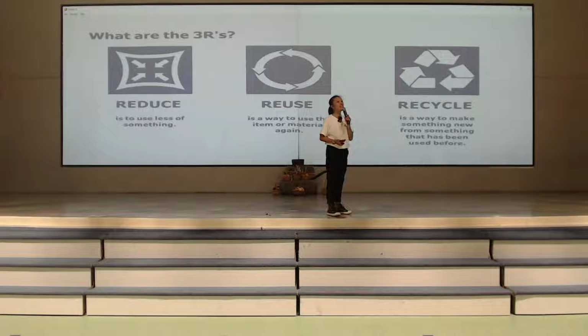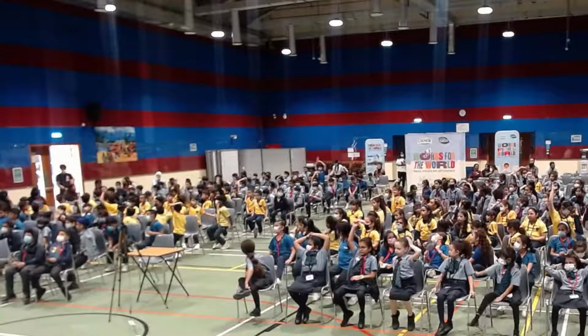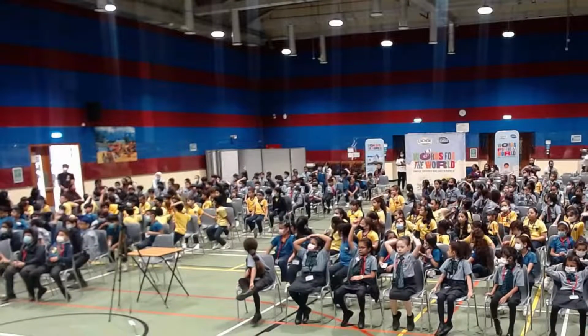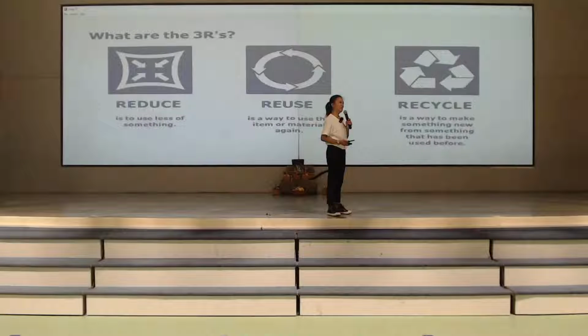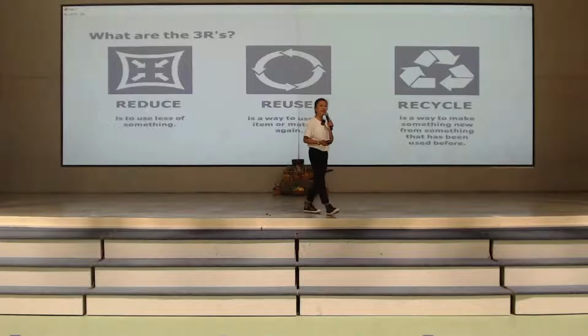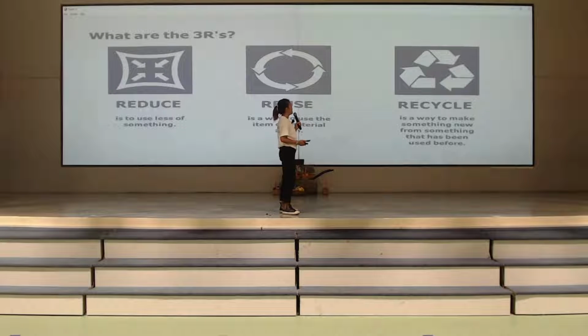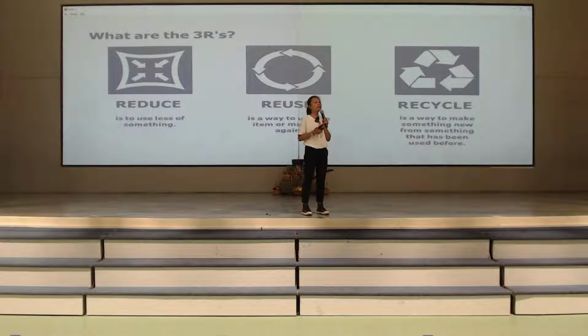One last answer. For example, if there's a water bottle we're not using anymore, we can cut it and use it for planting a plant. Okay, very good. Thank you for that. Recycle is the way to make something new from something that has been used before. One good example has been given by your classmate, right? The plastic bottles, you can use them for your plants.